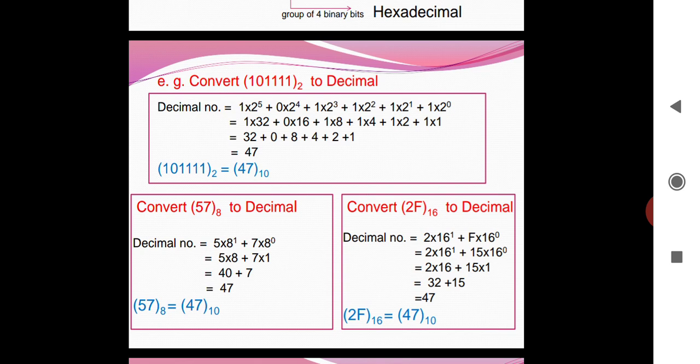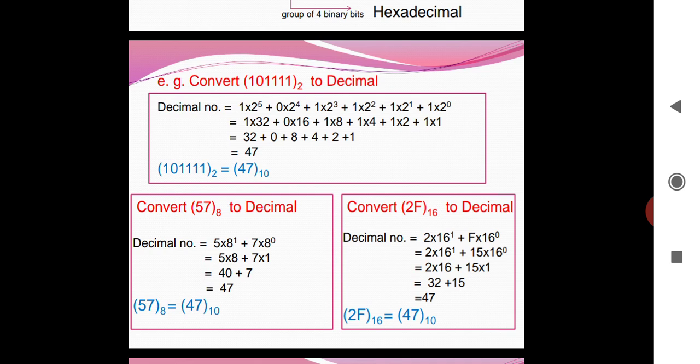So one problem will be there in the hexadecimal number system. If the number is greater than 9, at that time there will be alphabets A, B, C, D, E or F. For example, here the number given is 2F and you are asked to convert this 2F into decimal.